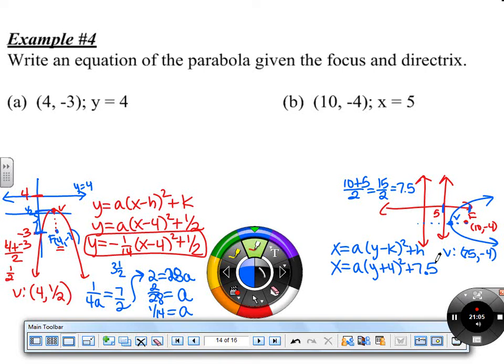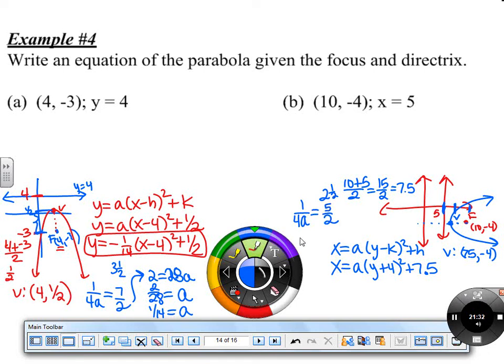Then I need my a value. Again, I'm going to use that information about the distance between things. 1 over 4a represents the distance from the vertex to the focus, or from the vertex to the directrix, if that's easier to think about. The directrix is here at 5. The vertex point moves over to 7.5, meaning the difference between them is 2.5, or 5/2.